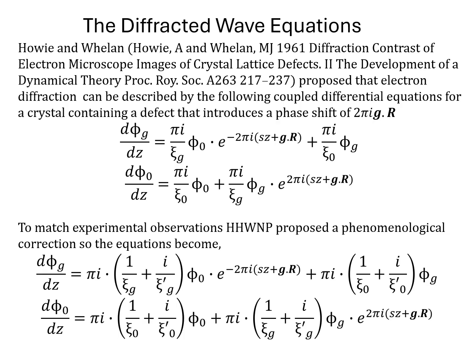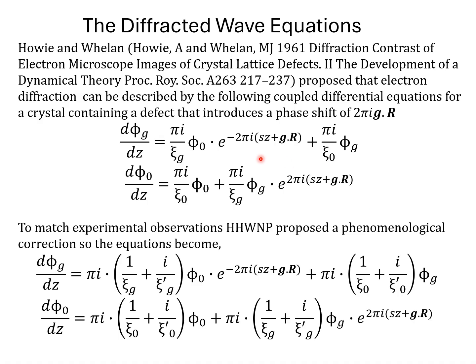So what actually happens is that you end up with a coupling of the diffracted wave and the direct wave. The wave amplitudes here are represented by phi, and the wave equation or the phase is represented by this Euler equation here.